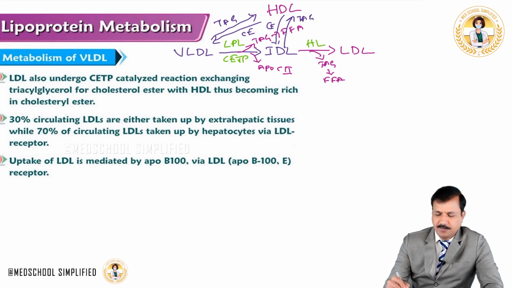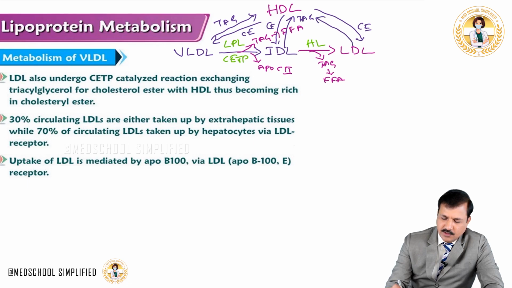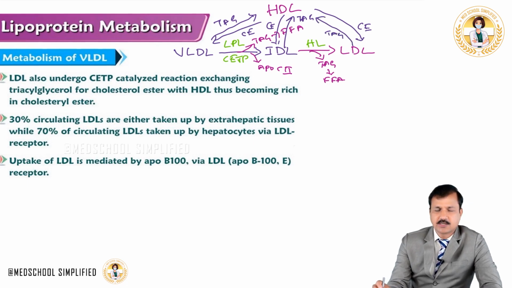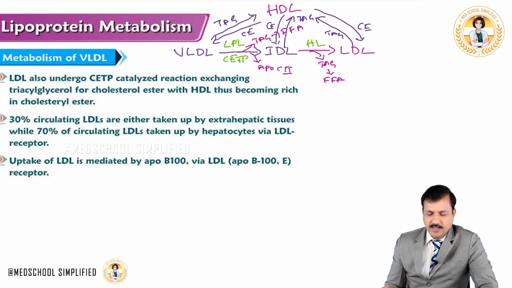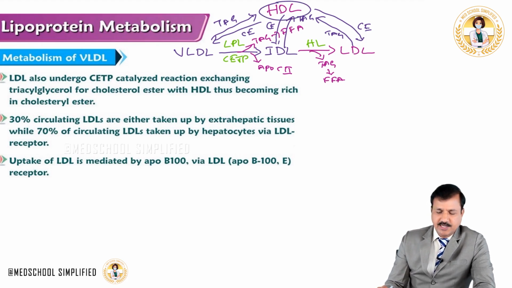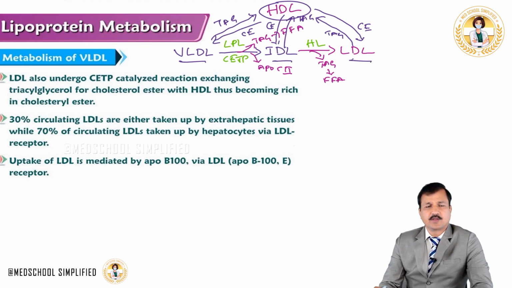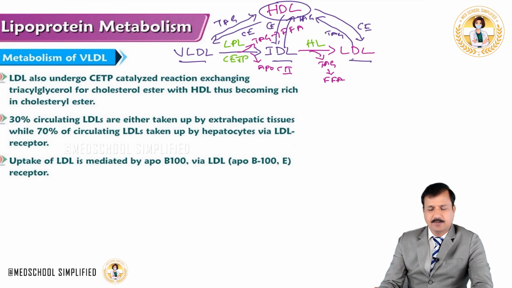That is done by CETP again. HDL is going to give cholesterol ester to LDL, and LDL in return gives whatever triacylglycerol is still present to HDL. So overall, HDL exchanges its cholesterol ester for triacylglycerol with VLDL, IDL and LDL molecules, all three of them. And that is done by CETP.